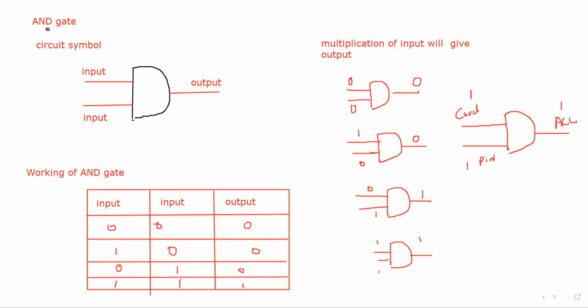So you insert a card. How is it linked with electricity? When you insert a card, it has a chip, which is made up of a conducting material. Since it is made up of a conducting material, the current is able to pass through that slot. That's why it is 1.